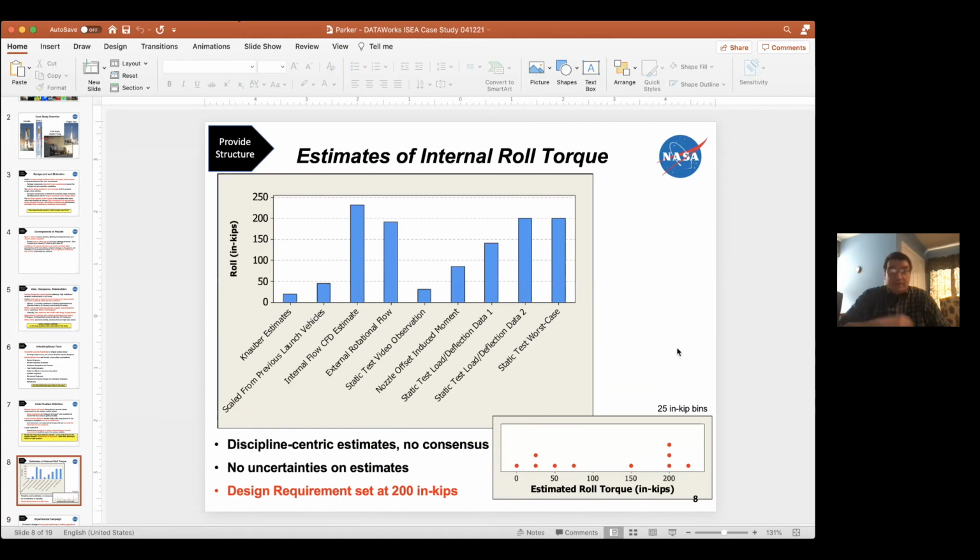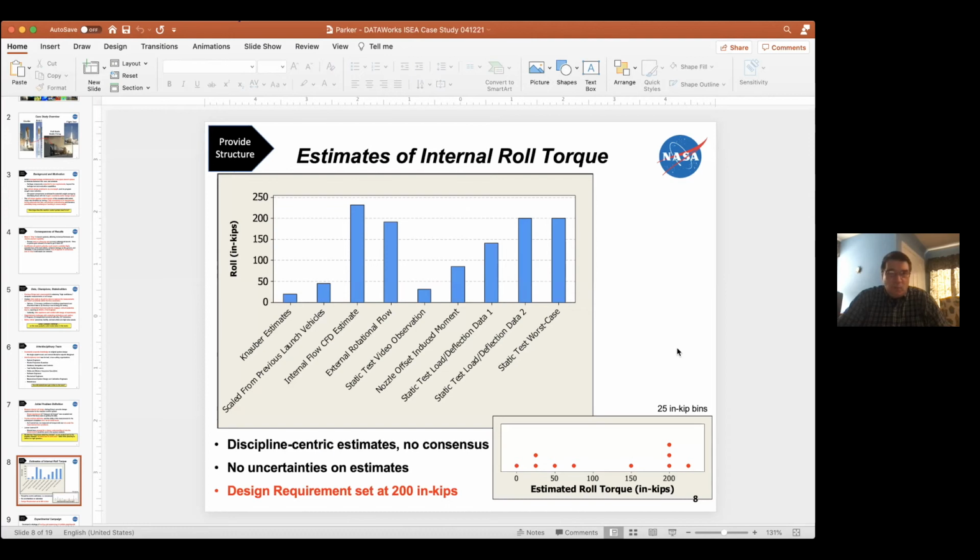So now I want to talk a little bit about that structure from a quantitative perspective. The chart shows the roll torque on the y-axis, and it's in thousands of inch-pounds. You can sort of forget the units for the point of this talk. And you see those values range from about 0 up to a little over 200.